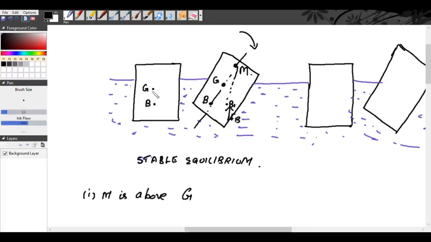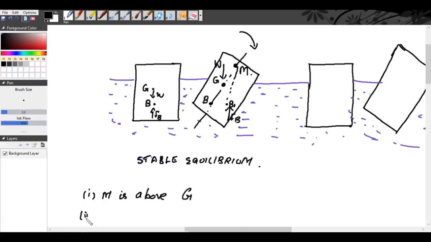Here the weight acts downwards and the force of buoyancy acts upwards. This means our M lies above G. So the buoyant force FB through B1 and weight W through G constitute a couple acting in the anti-clockwise direction, thus bringing the floating body to the equilibrium condition.